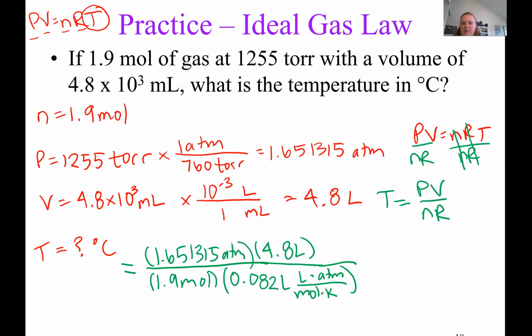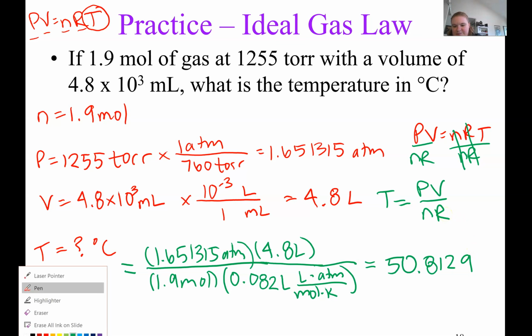Okay, so I'm going to put all those big long numbers into my calculator. 1.651315 times 4.8 divided by 1.9 times 0.0821. Let's look at units.